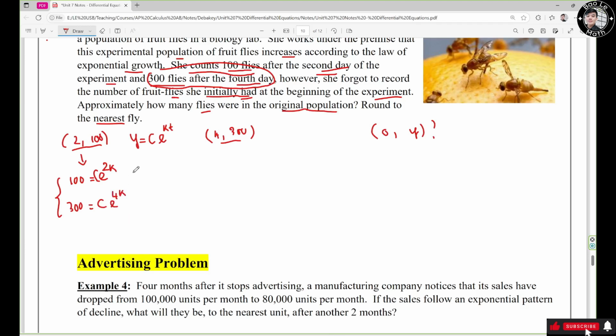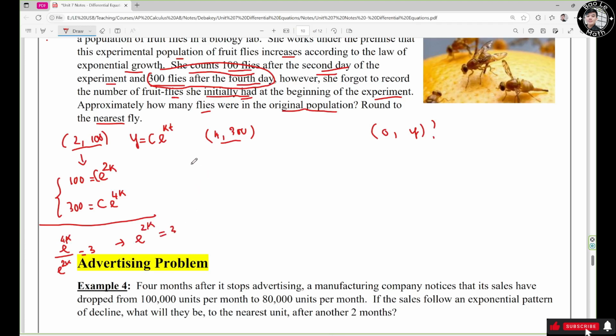Now I need to divide these, so take the bottom and divide the top. It turns out to be e raised to the 4k divided by e raised to the 2k; the c's cancel out, and it's going to be 3. Now I need to use exponent rules, so this turns out to be e raised to the 4k minus 2k, which is 2k, equals 3.